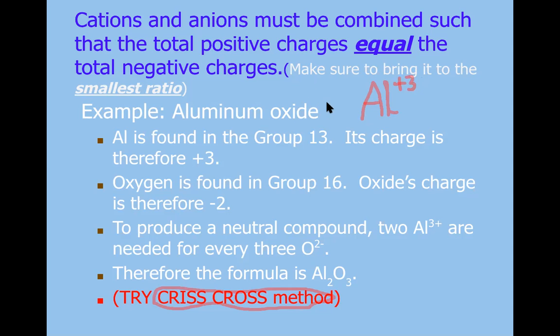Next, the non-metal is oxide, so oxygen ion, and oxygen is in group 16. So the charge for group 16 is -2 because it gains 2 electrons, right?